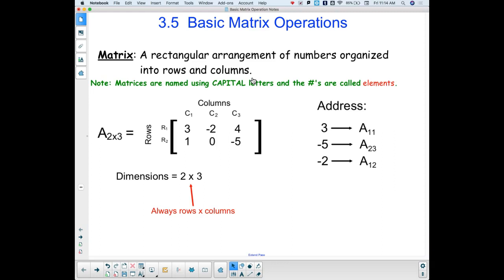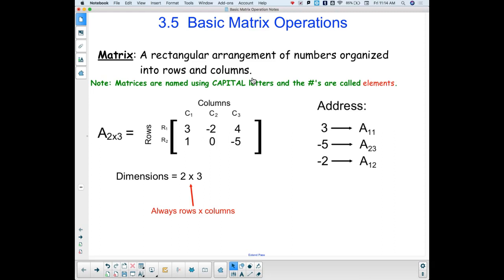So those are matrices. Today, we want to talk about the basic matrix operations that there are. There are 3 basic operations, and 2 advanced operations.